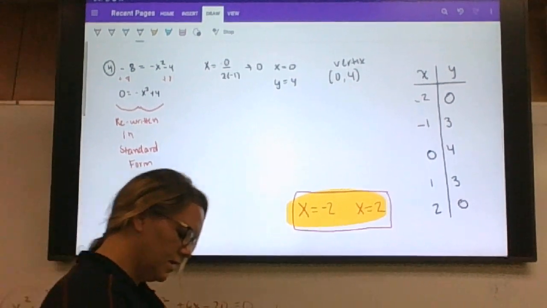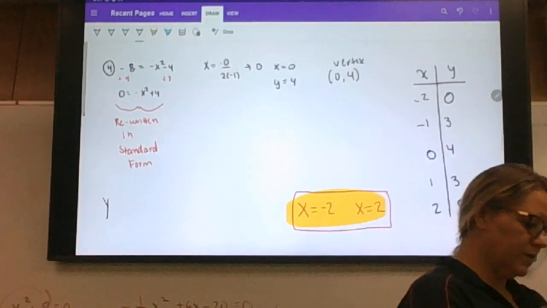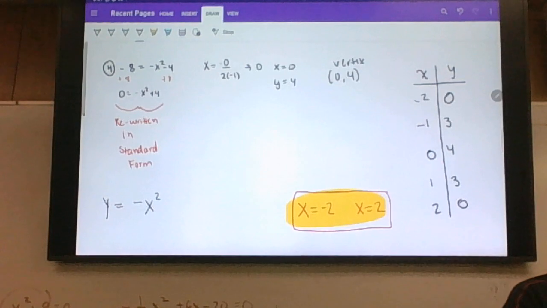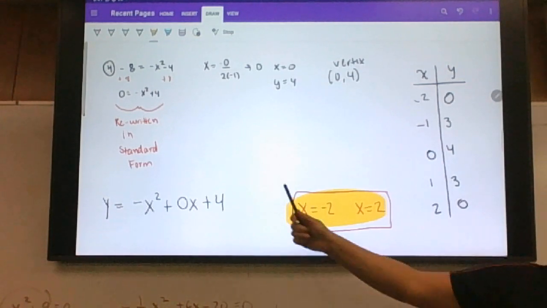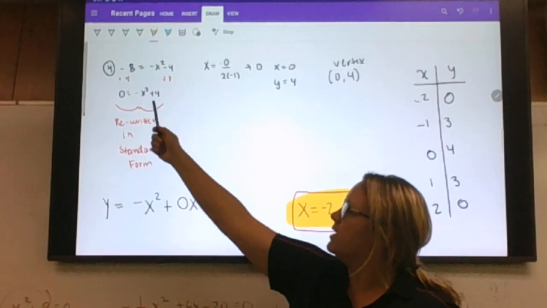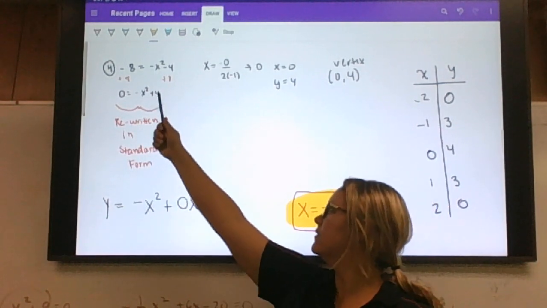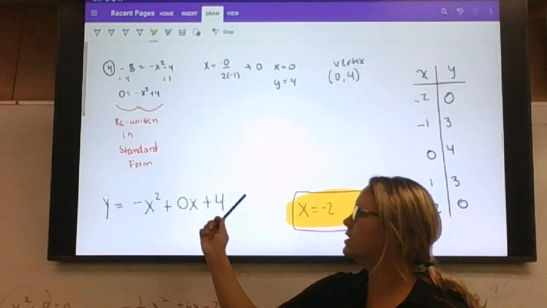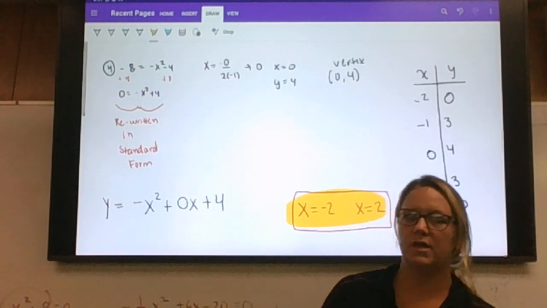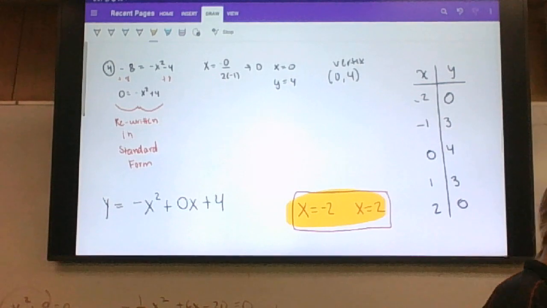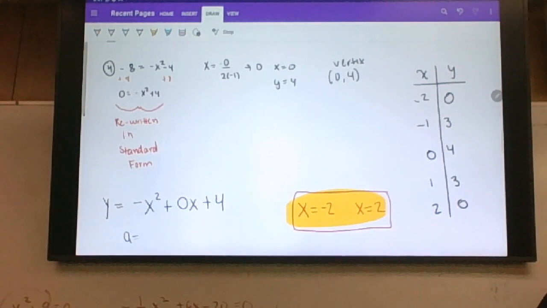So this is like y equals negative x squared plus 0x plus 4. The short little equation. The b is 0. One mistake we might make is calling the 4 b, but the 4 is c because it doesn't have an x with it. So for the axis of symmetry, I'm identifying a is negative 1, b is 0, and c is 4.